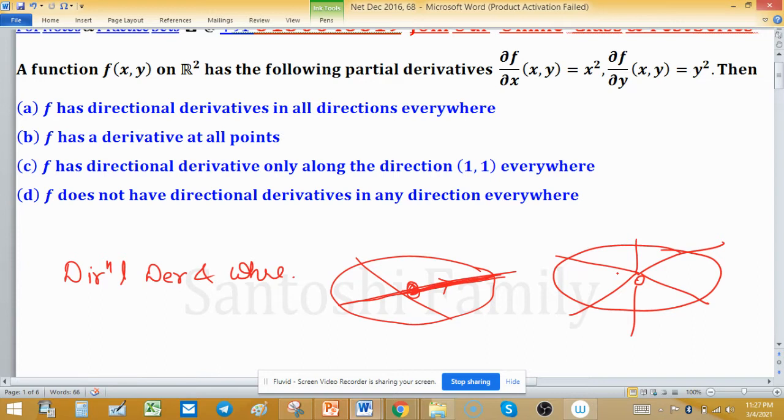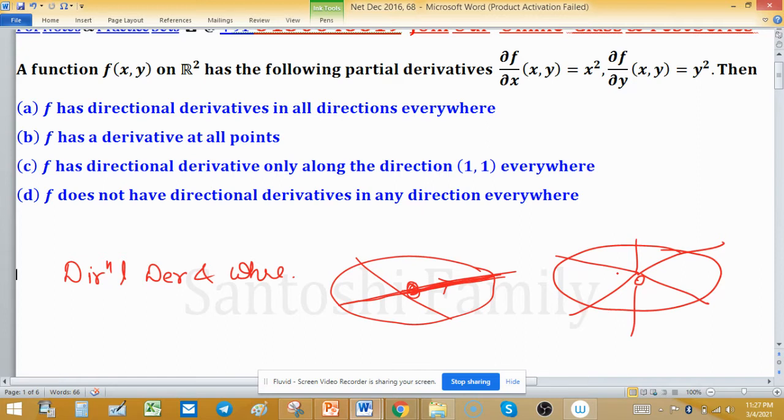If directional derivatives exist at a point, it doesn't mean the function is continuous; the function may or may not be continuous at that particular point. You will come across many problems where all directional derivatives exist but the function is not continuous.